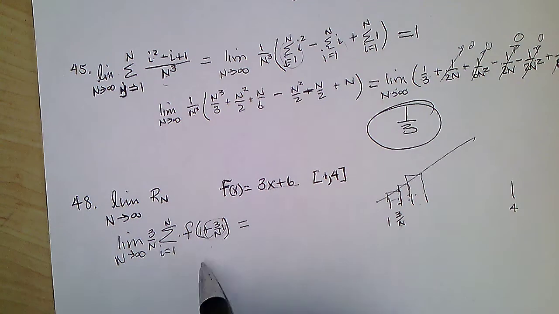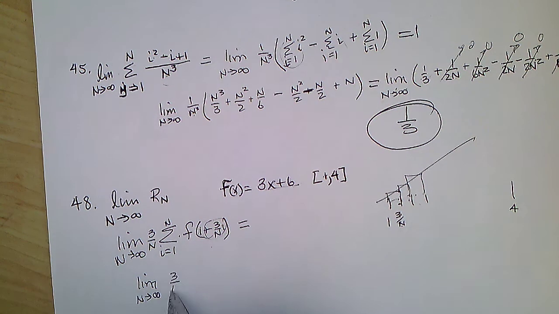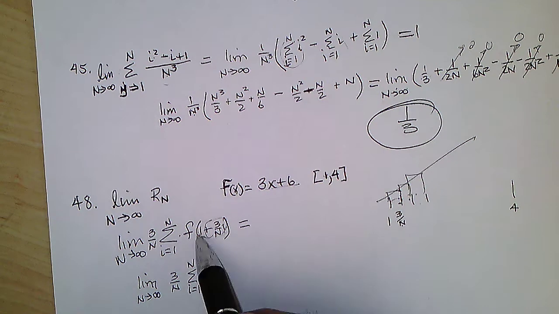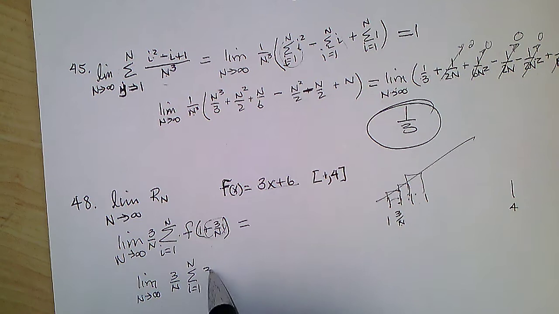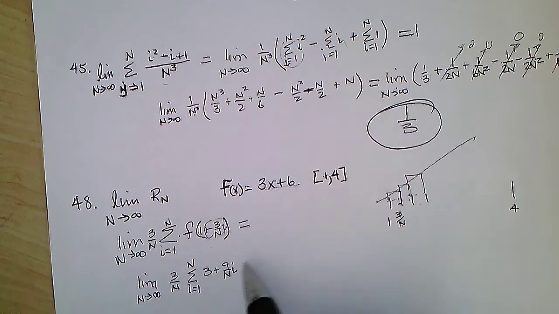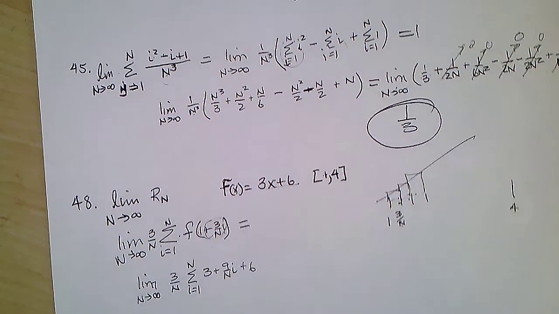So this is going to be the limit as n goes to infinity of 3 over n times the sum as i goes from 1 to n of, now I put this into here, so I have to take 3 times this, so it's going to be 3 plus 9 over n i plus 6.